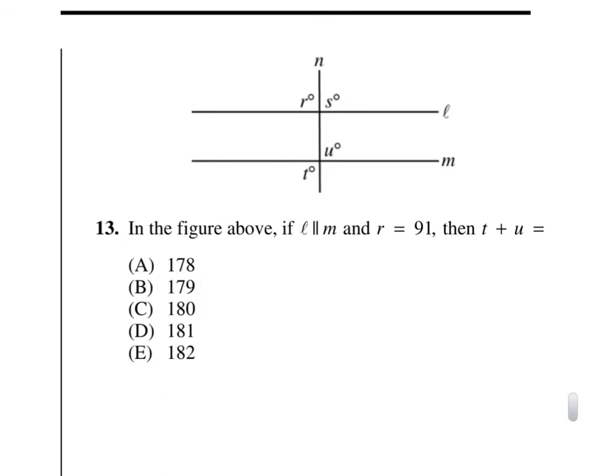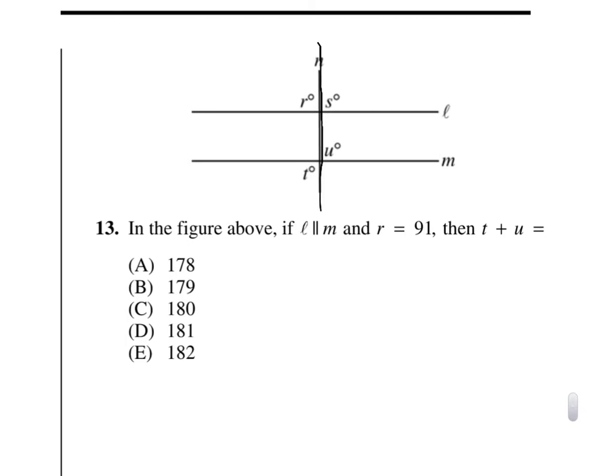So a little bit simpler picture here. However, this picture is drawn to create the illusion that the transversal is hitting at a 90-degree angle, which won't let us do that whole acute obtuse level of analysis.